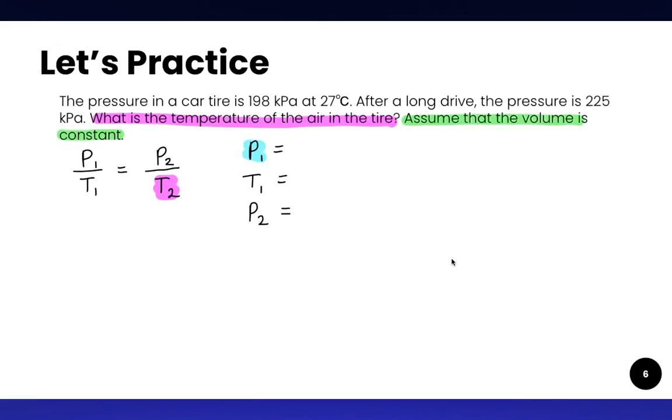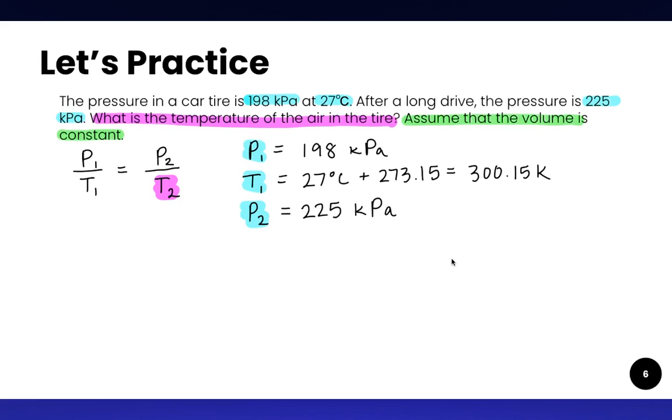The initial pressure is 198 kilopascals. The initial temperature was 27 degrees Celsius. And the final pressure of your tire was 225 kilopascals. Let's plug everything in.